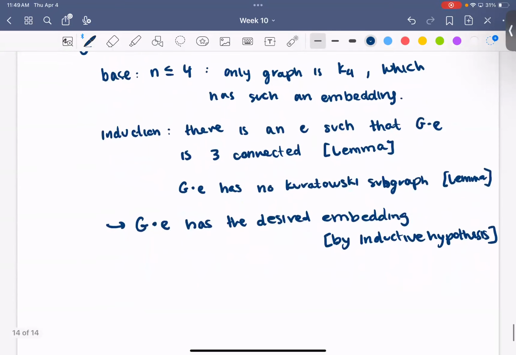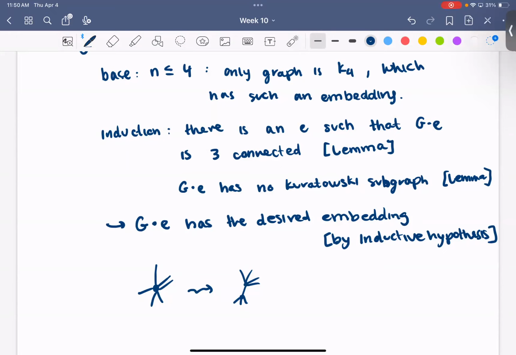Okay, and then the last bit is that now we need to prove that in this embedding, we can expand the edge. So we might have some things coming out of here, and we need to argue that there's a way to expand that edge without introducing crossings among the edges coming out of it. And basically, the cases where you have introduced crossings, if you go through it, they end up implying the existence of Kuratowski subgraphs.